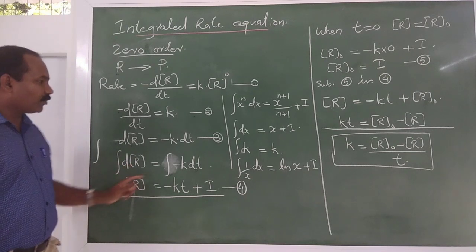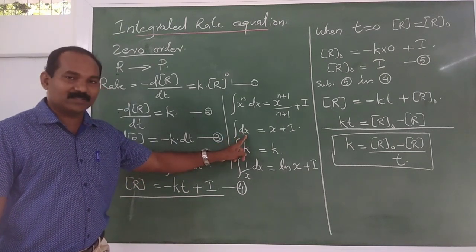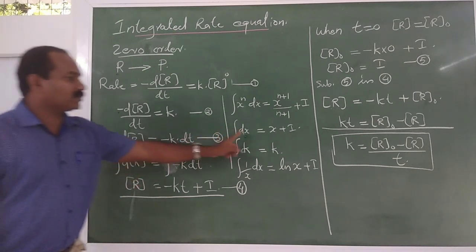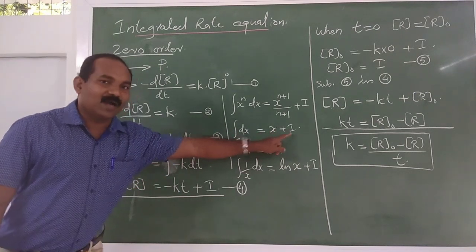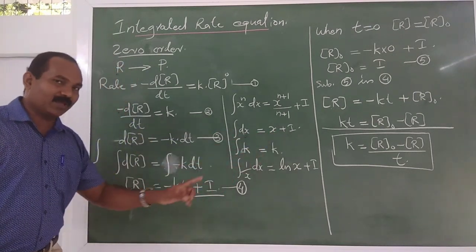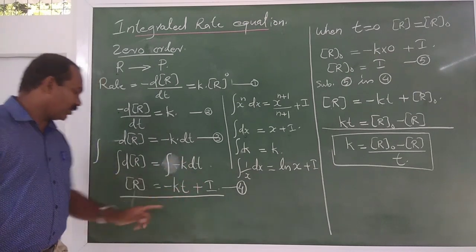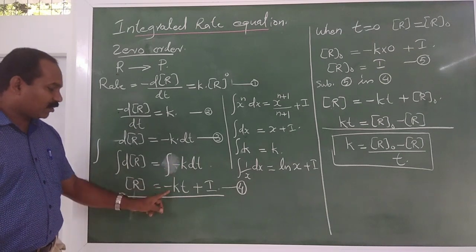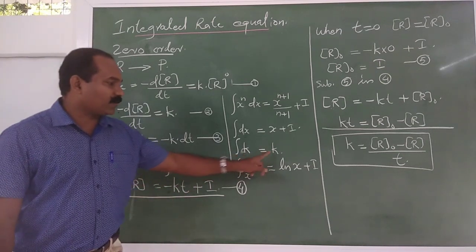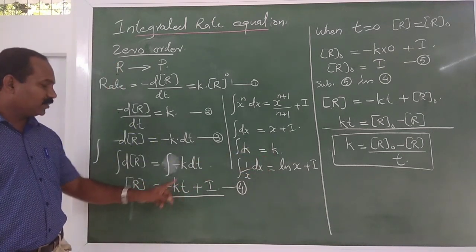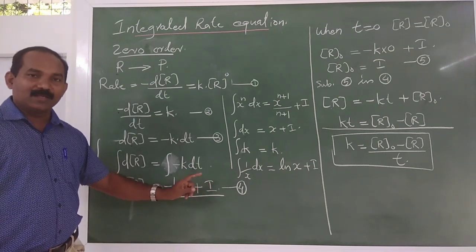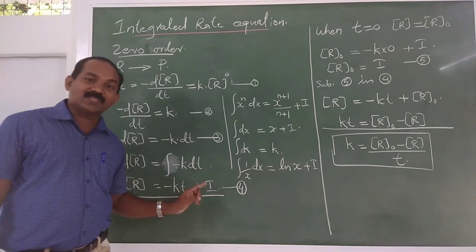Integral dx is equal to x plus I; for integration you put only one I. So R is equal to minus k, a constant, whose integral is the constant itself, then dt becomes t plus I, where I is the integration constant.